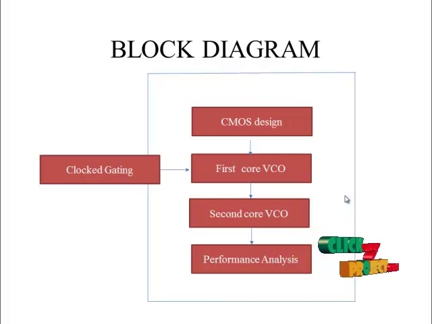According to our modification, the second core VCO modifies the overall circuit, and for the overall circuit we apply the clocked gating. Finally, from the overall design we obtain the simulated result through Tanner EDA in the waveform editor, and from the obtained waveform we verify the performance report.